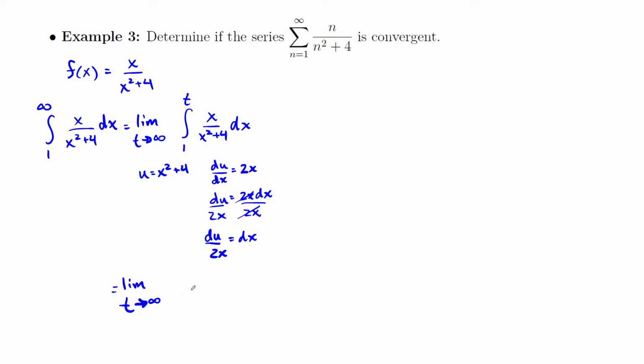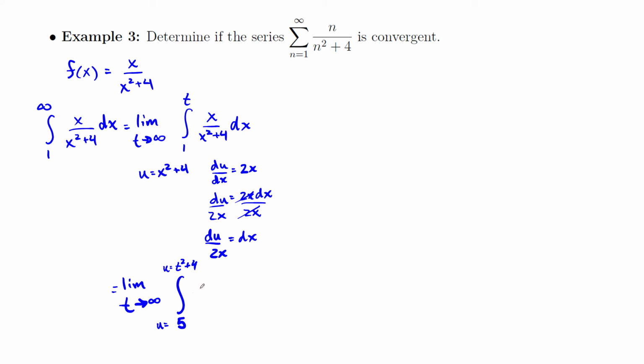All right. Now, if u is x squared plus 4, then remember to change these limits of integration, I need to plug these numbers in for u. So I plug a 1 in for x, so 1 squared plus 4 is 5. So my new limit of integration on bottom is u equals 5. And on top, it's u equals t squared plus 4, right? Just plugging directly in here.